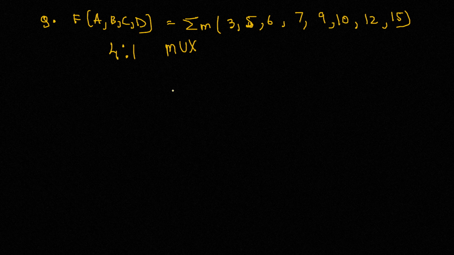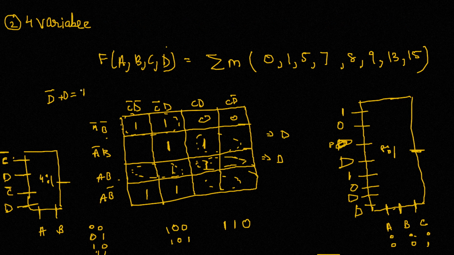And since we are implementing a four variable expression using a 4 cross 1 mux, we'll be taking two different variables in the input lines.